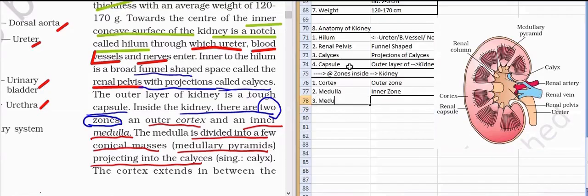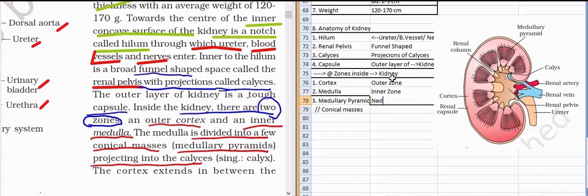So now we have to write the third point: medullary pyramid, also called conical masses. They project into calyces. How to mention this in the notes?